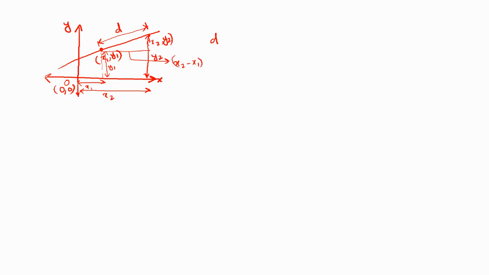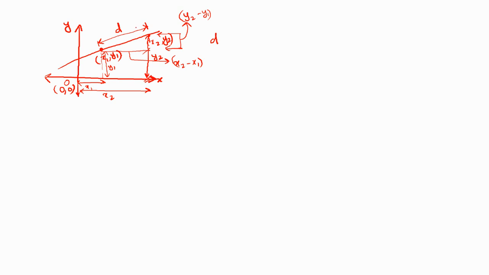Similarly, this is y2, and if this is y1, then this distance will be y2 minus y1. These are pretty simple stuff. Many of you have covered it in class 10 itself, so I'm going a little bit fast in these areas.